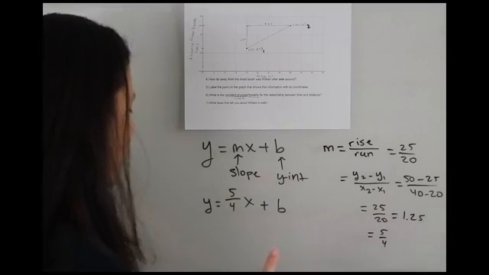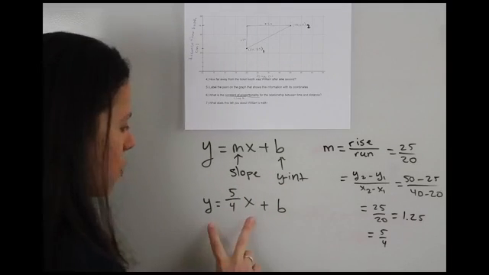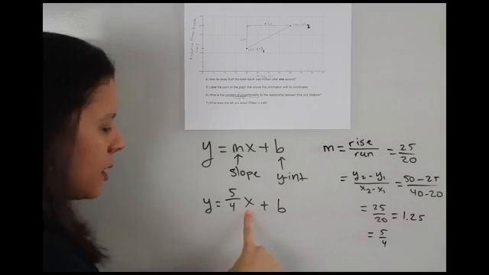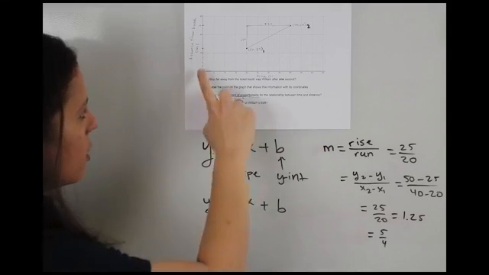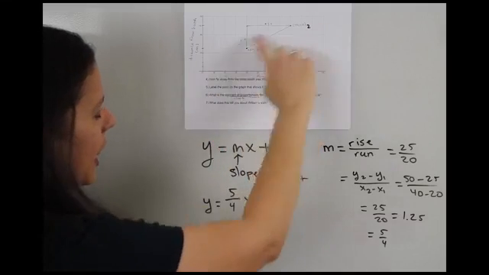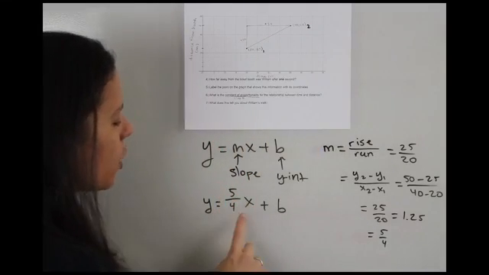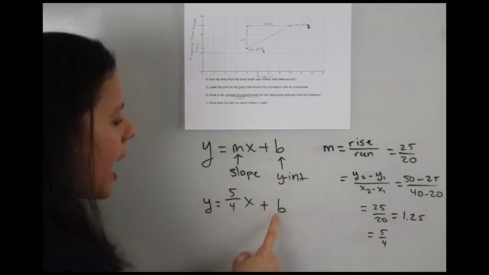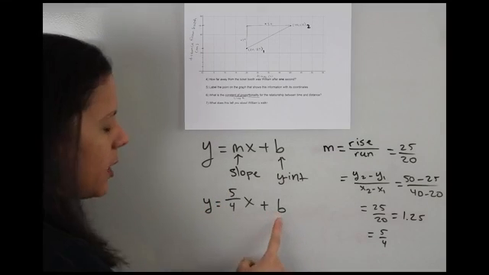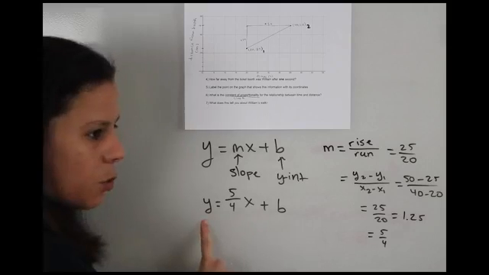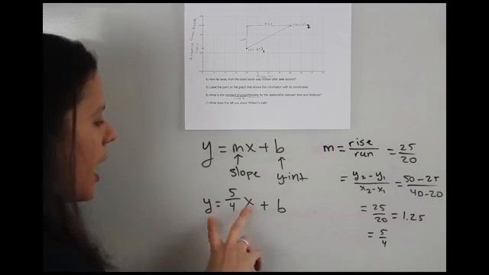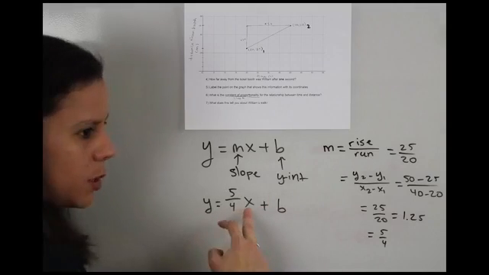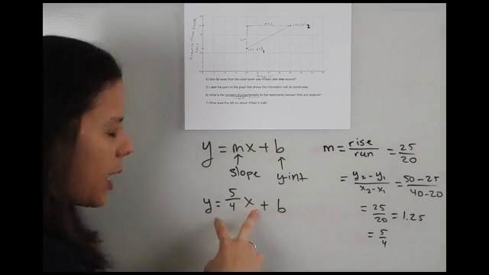What this equation represents is that for every x coordinate that you have for that line, you are going to multiply it by 5/4, and then add whatever that y-intercept is, and that's going to give you your y. So x and y have a relationship. This is the relationship between that x and that y, okay?